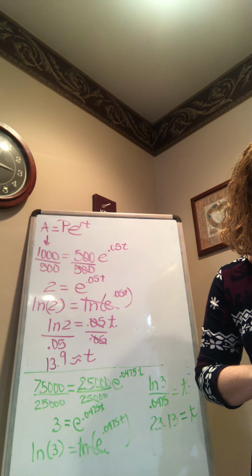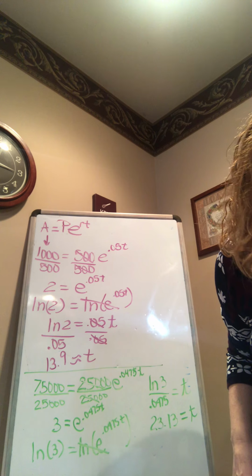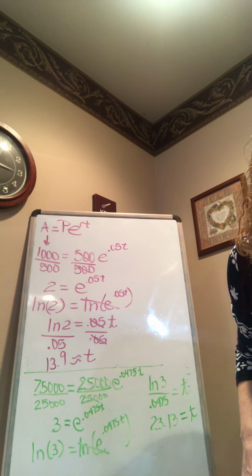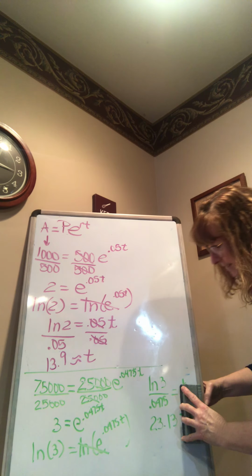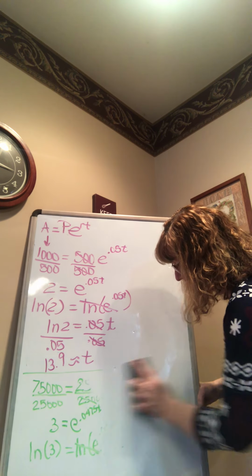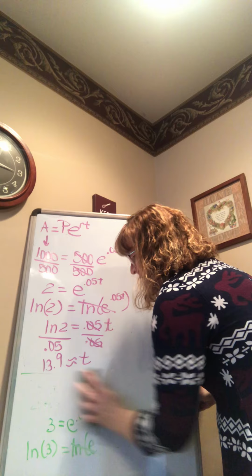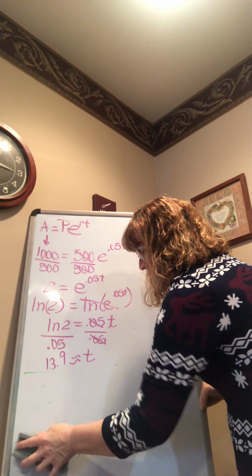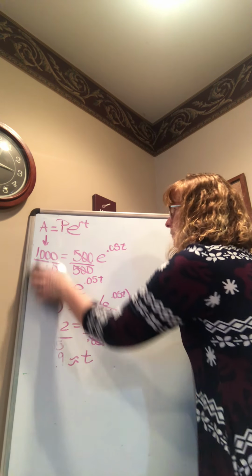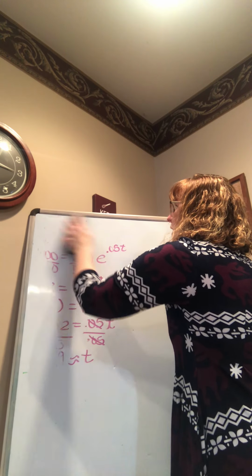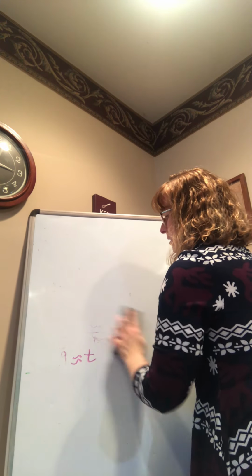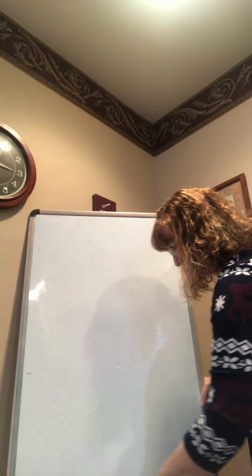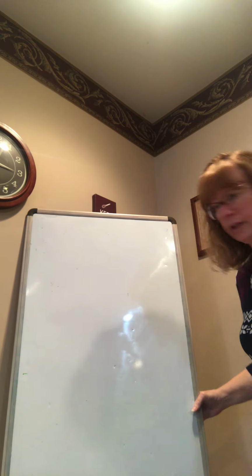Number 7 is talking about New York State's minimum wage growing exponentially, and the time begins in 1966. So that's my time 0, 1966. This one's not using continuous, so we're going to get rid of the formula. And we'll write down the formula that we're going to need for this particular problem.